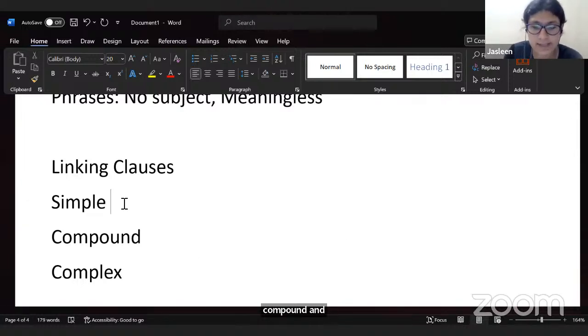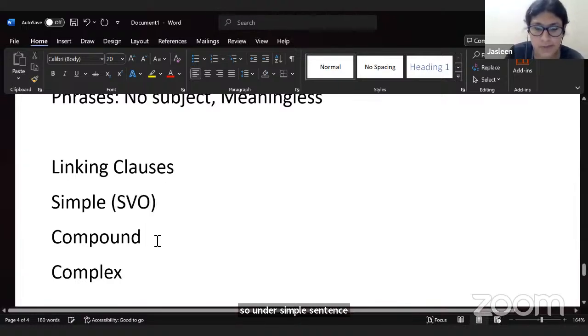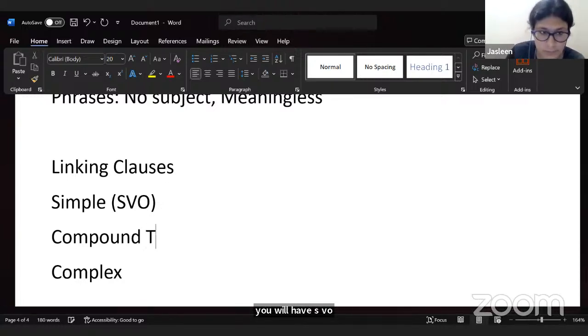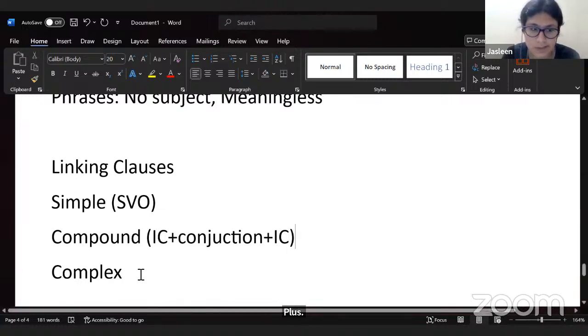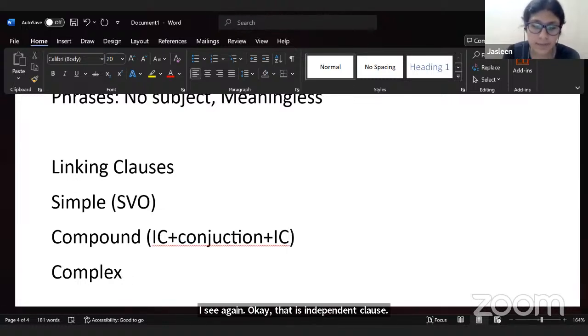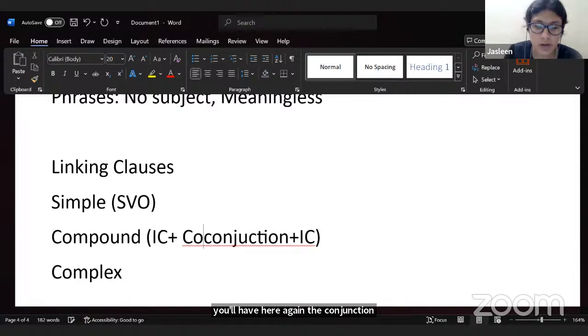So under simple sentence, you'll have SVO. Compound sentence, you'll have IC, that is independent clause, plus a conjunction, plus an IC again. Okay, that is independent clause. Here the conjunction is a coordinating conjunction.